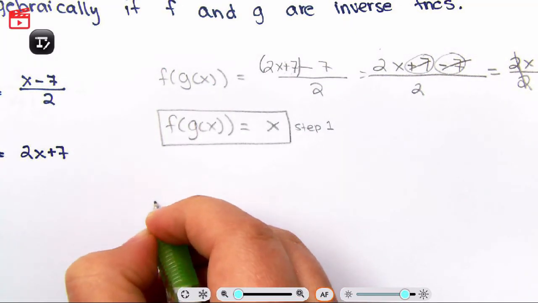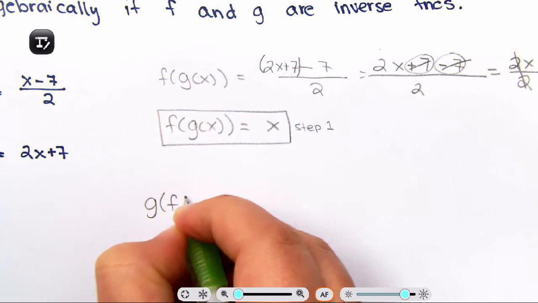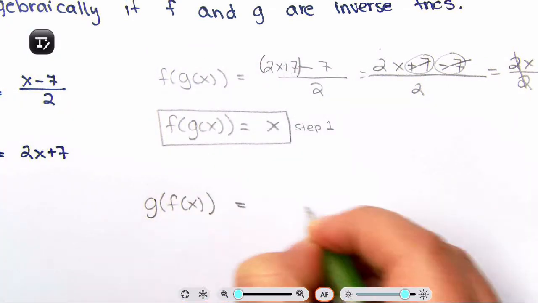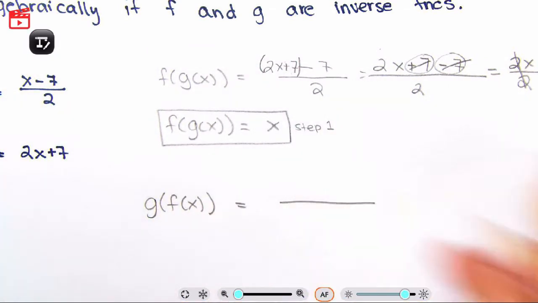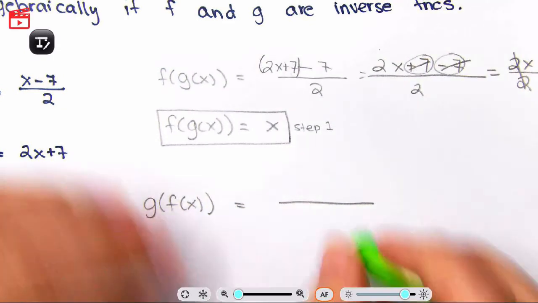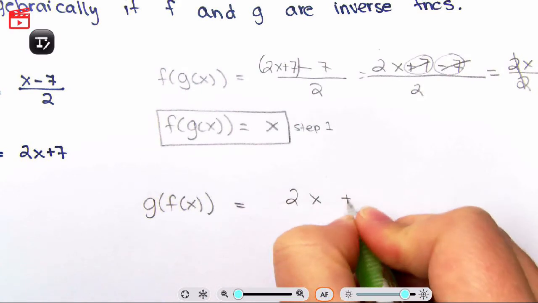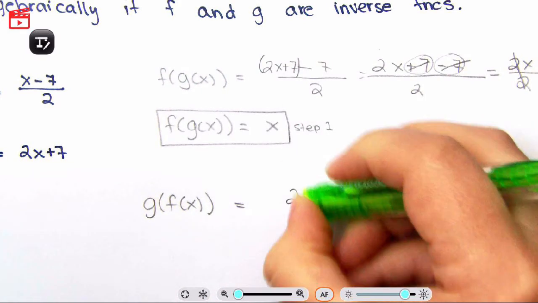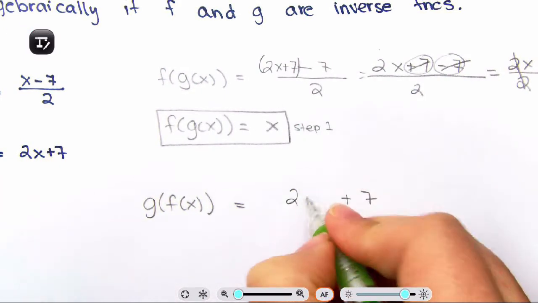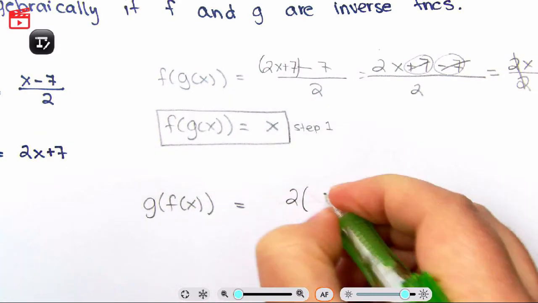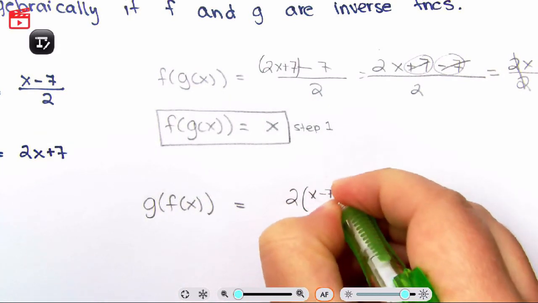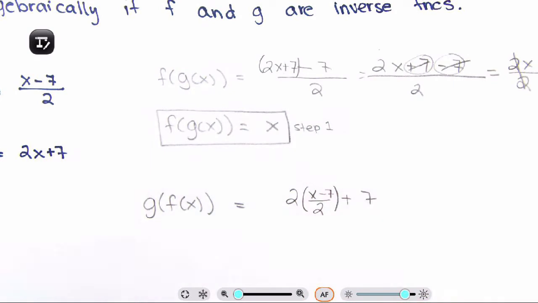So I have g of f of x. Again, now I'm writing what g is. G is, oh, I don't know why I did that, but g is not a fraction. I have 2x plus 7, and I'm leaving some space because I know I don't have an x. What do I have? I have my f, which is x minus 7 divided by 2.